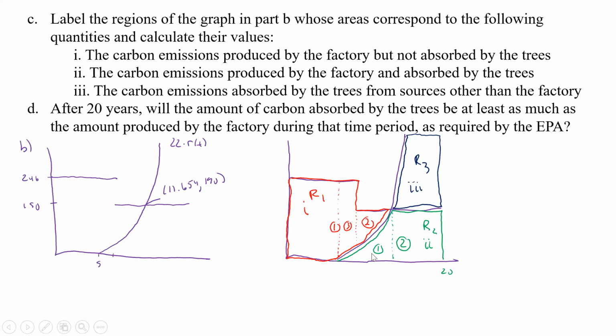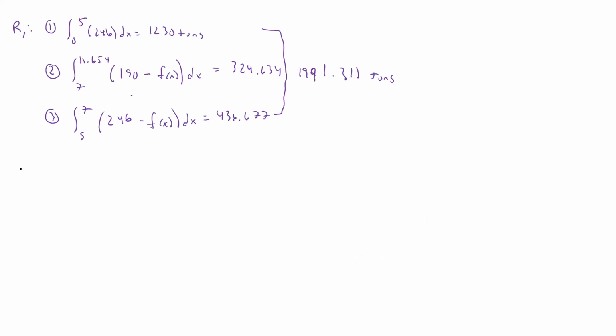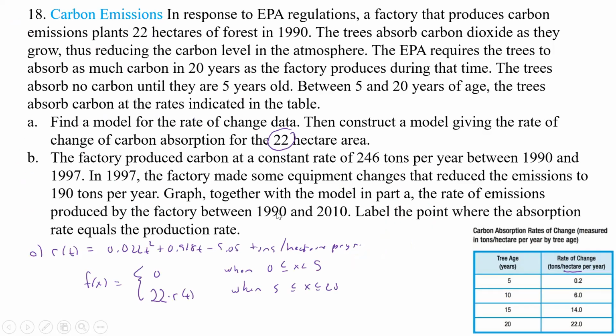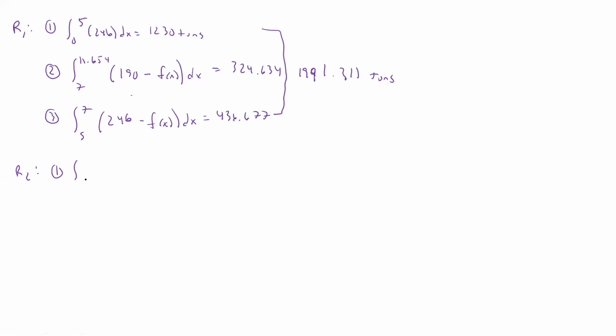Now let's do region 2. So we're here, we're going to go from our graph to 0, and then from that graph to 0. So region 2, that was going from 5 up to our 11.654. Oops, wrong direction. So we have 5 to 11.654, and that was just our f of x dx.